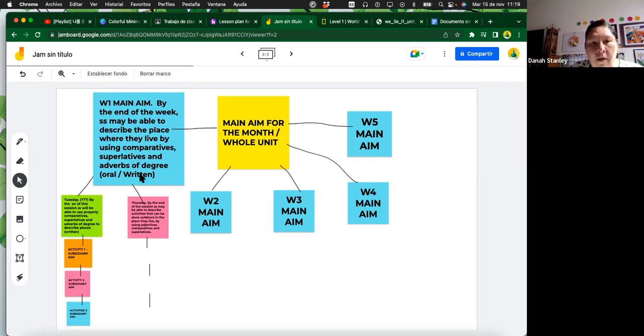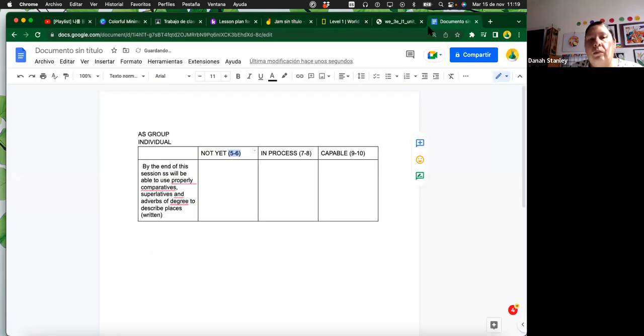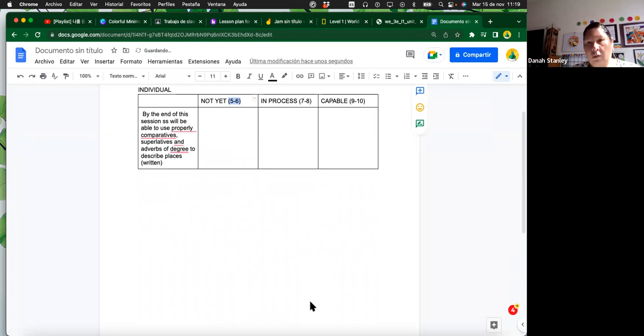They are going to have to write a description of their place, and they need to talk about it. I have my rubric, and I can evaluate individually.